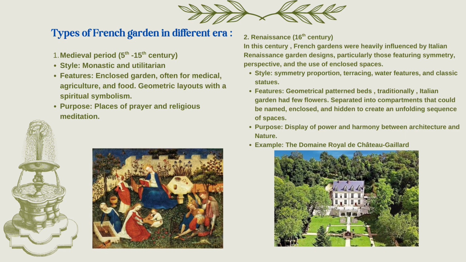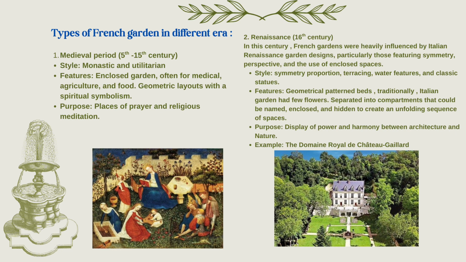And I'm Damien. I'm going to continue this presentation with types of French garden in different eras. The first one is the medieval period, from the 5th till the 15th century. The style is monastic and utilitarian. The purpose is to provide places of prayer and religious meditation. The second one is the Renaissance in the 16th century.